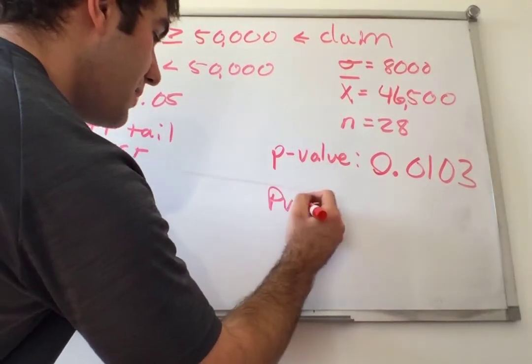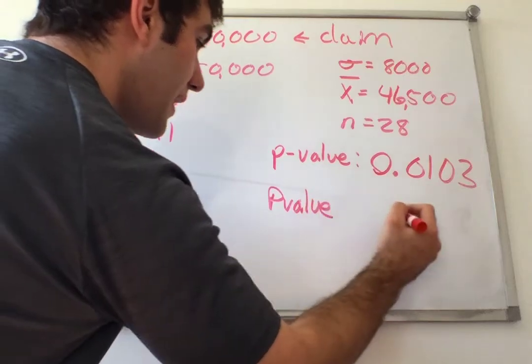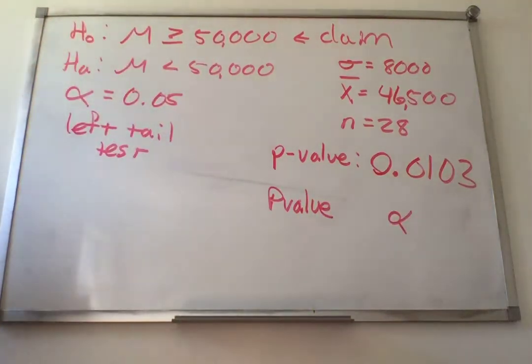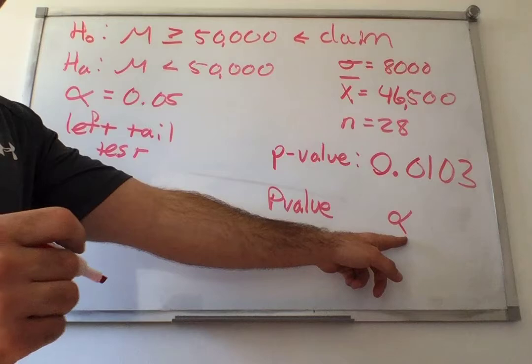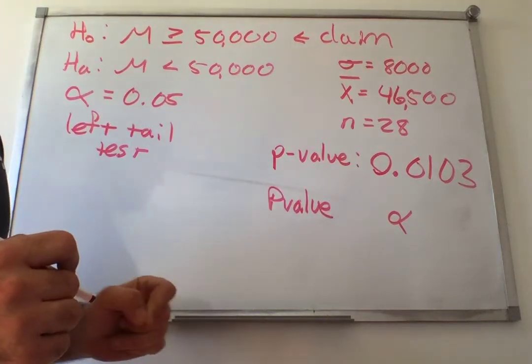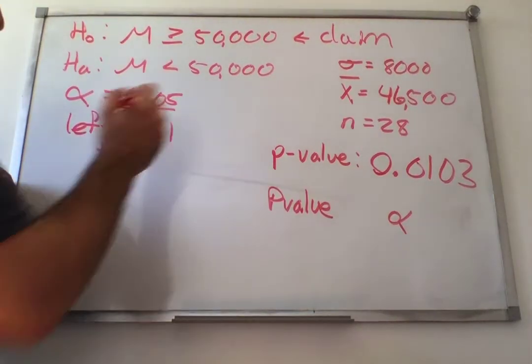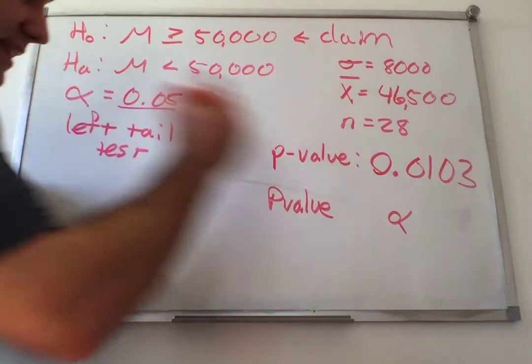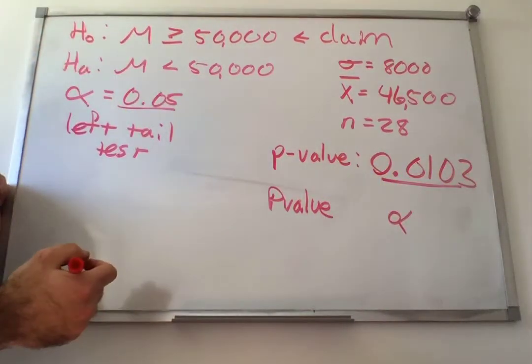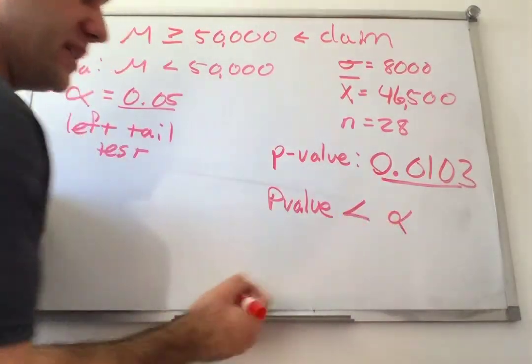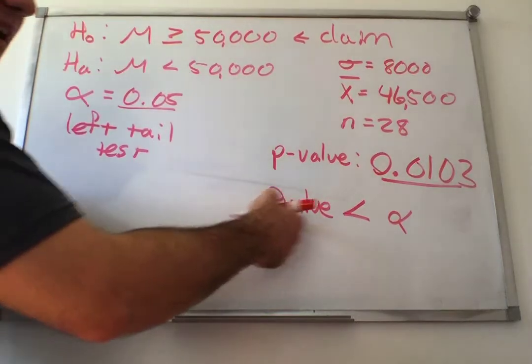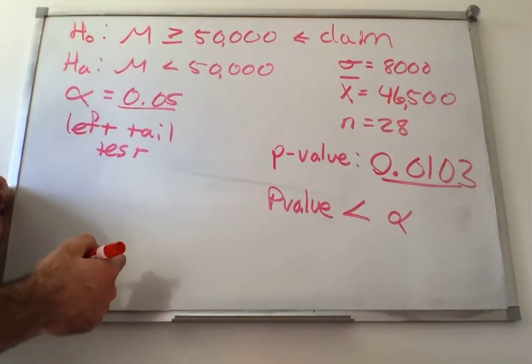So our p-value and then our alpha value, which one is bigger? Well, alpha is 0.05. This is 0.01. So the alpha value is bigger than our p-value, or our p-value is smaller than our alpha value.